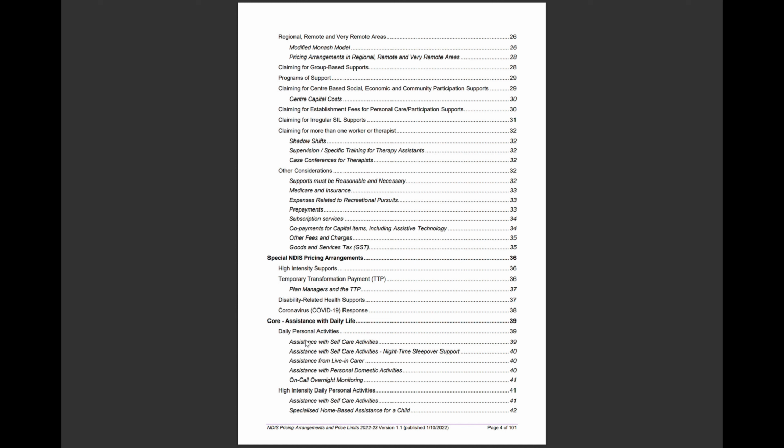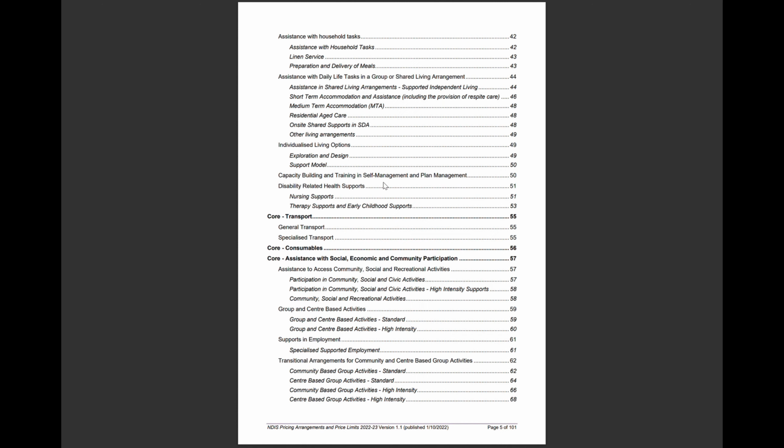And then there is information about the prices in specific categories of service within a plan. So for example, here you've got core or services that come from your core support budget in your plan, and this is the category assistance with daily life. These are all support services that might come from someone's core support budget.